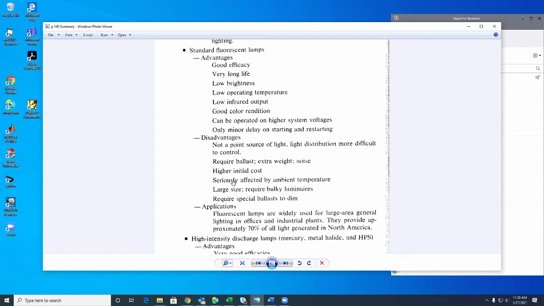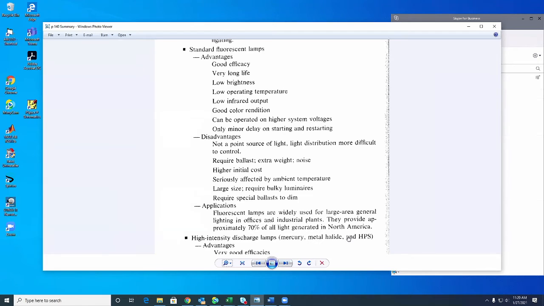Ambient temperature affects them. In cold weather, we cannot turn on those lamps. The luminaires are bulky. A special ballast is needed to dim. Applications: large area general lighting in offices and industrial plants.